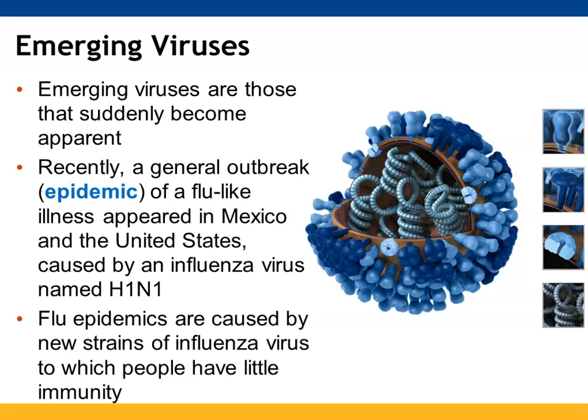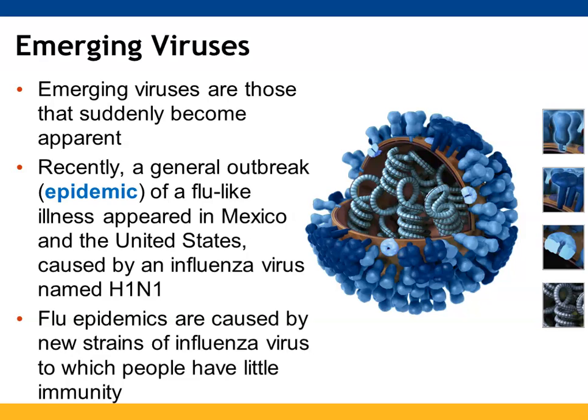That was known as H1N1. It showed up in both Mexico and the US. It was known as a swine flu because it was a combination of the traditional virus, but it also had some swine DNA making it up.